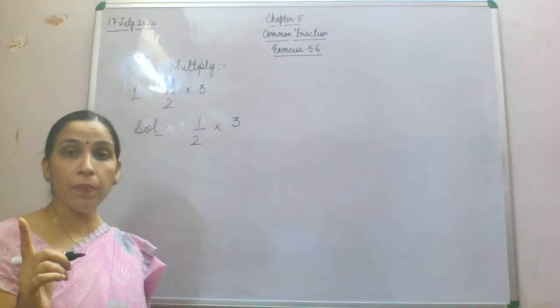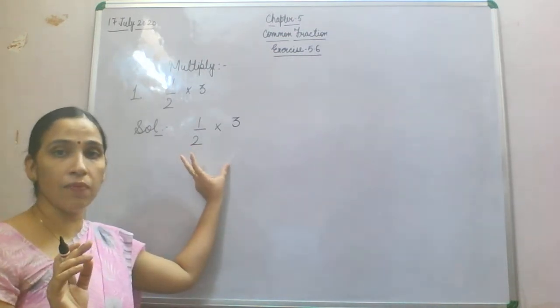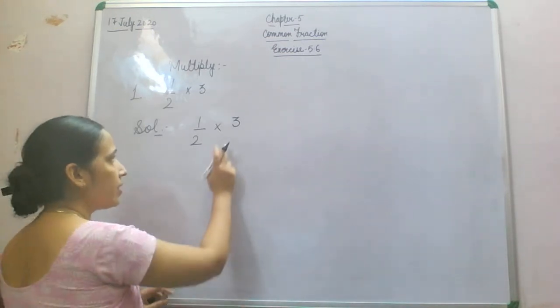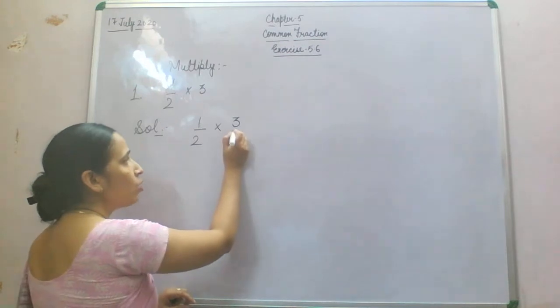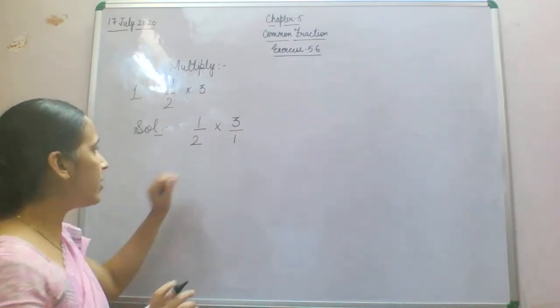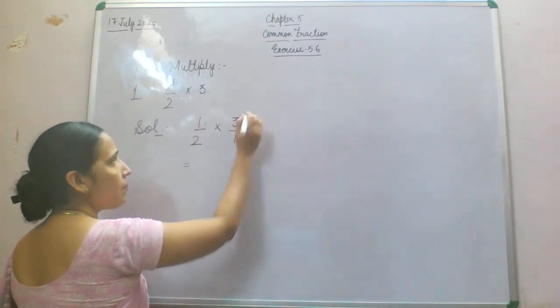So remember the step. First we write this multiplication. After that, if you do not have any number in the denominator with the whole number, you will write 1 over there. Now after this step, what are you supposed to do? The numerator will multiply by the numerator.